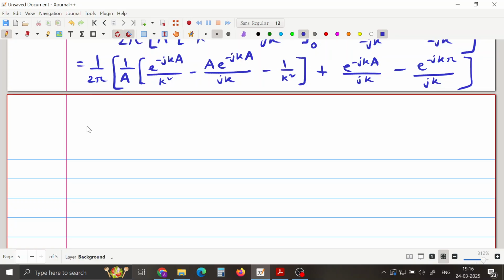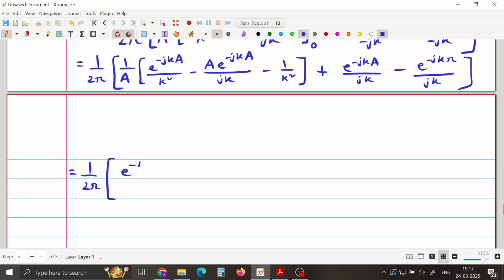Okay, so now we are almost done. I think there will be some terms which will get cancelled. So this is 1 by 2 pi, and let's take this 1 by capital A factor inside.